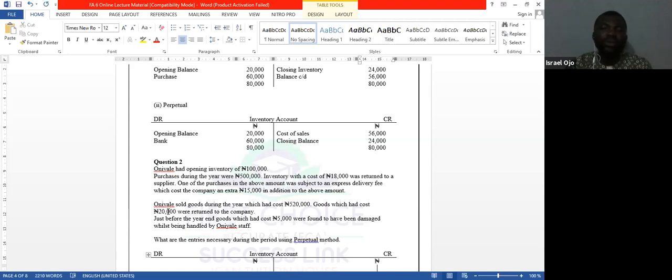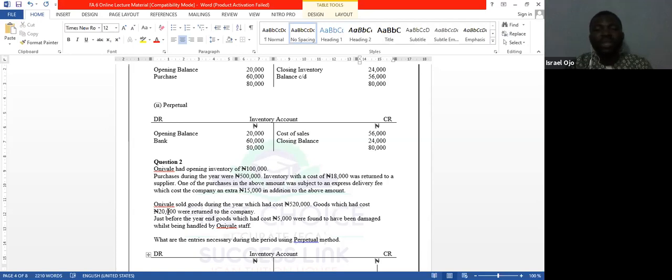Oniyale sold goods during the year which had cost 520,000. Goods which had cost 20,000 were returned to the company. Just before the year end, goods which had cost 5,000 were found to have been damaged while being handled by Oniyale staff.